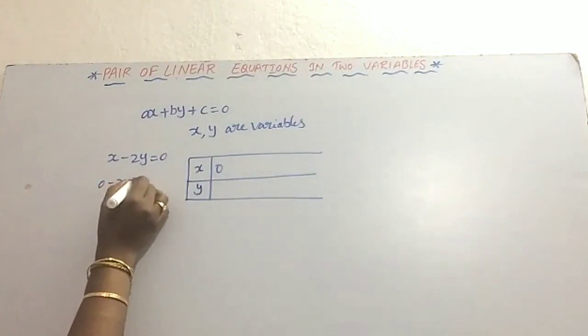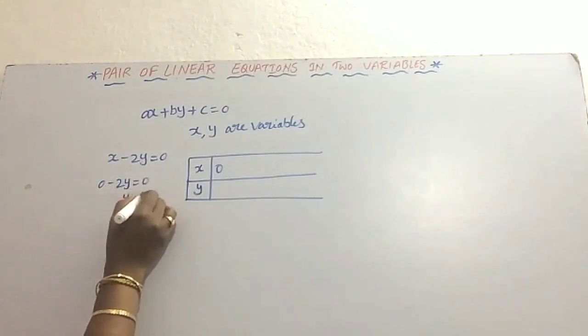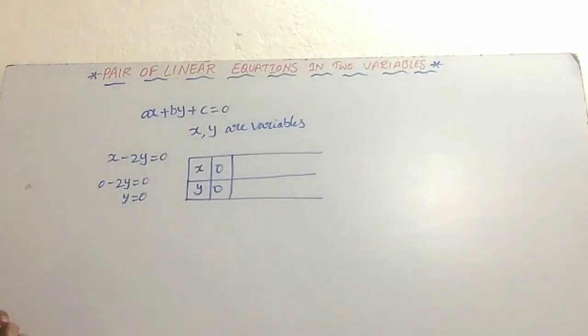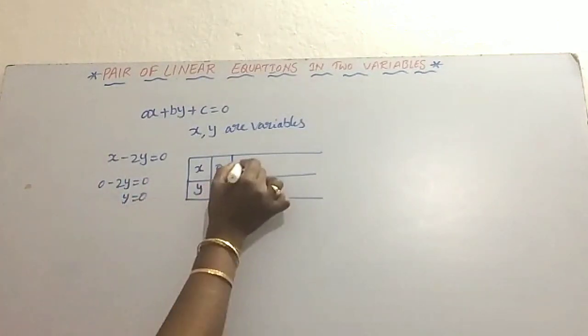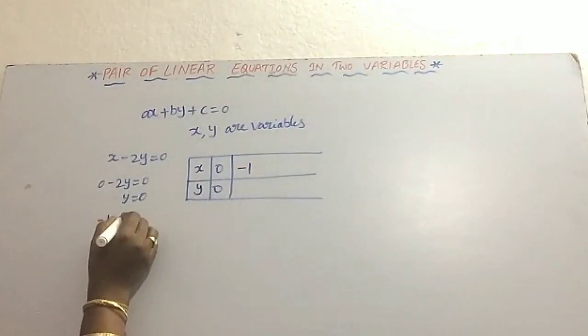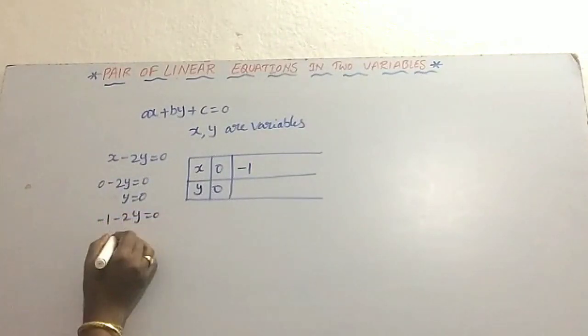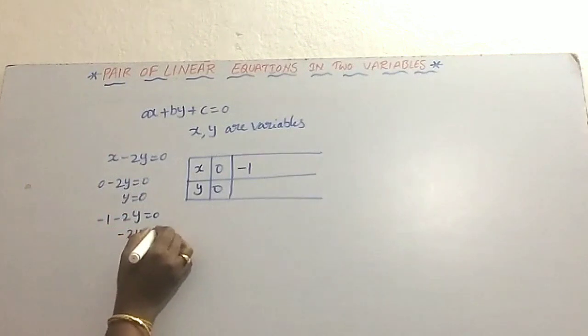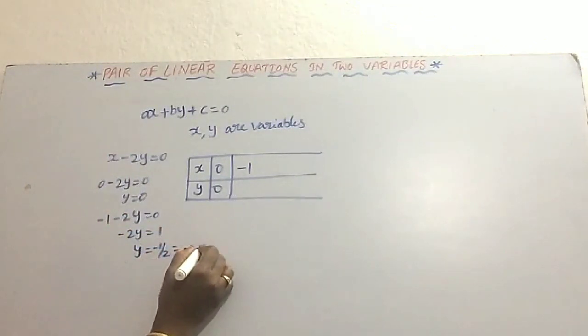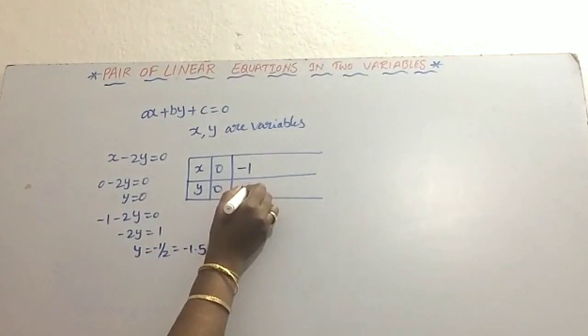So 0 minus 2y = 0, that implies y is also 0. Suppose x = minus 1. So minus 1 minus 2y = 0, so minus 2y = 1 and y = minus 1 by 2, that means minus 1.5.